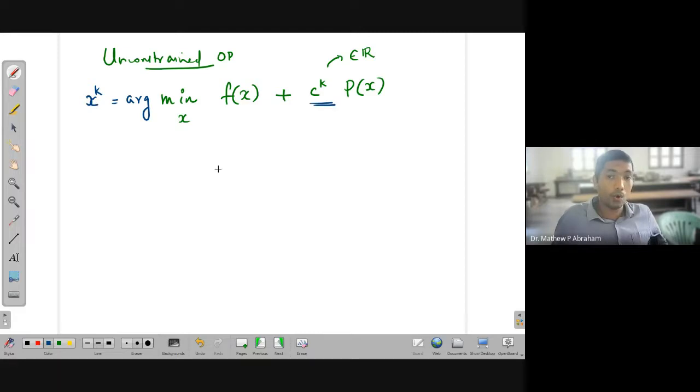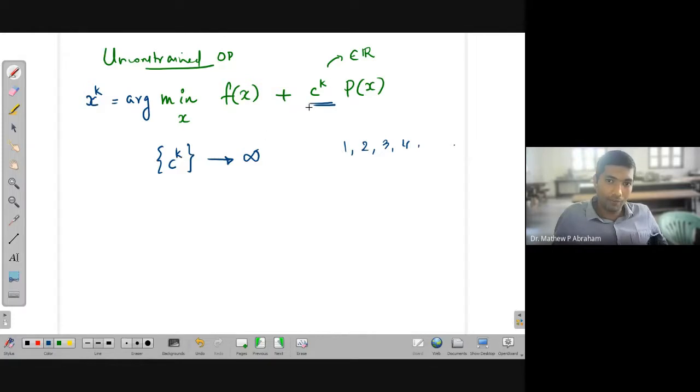Now I need to solve a sequence of such optimization problems. How do I obtain the sequence? In order to define a sequence of such optimization problems, I need to take ck as a sequence. So this ck is a sequence which goes to infinity. It can be 1, 2, 3, 4, etc., or any sequence which goes to infinity.